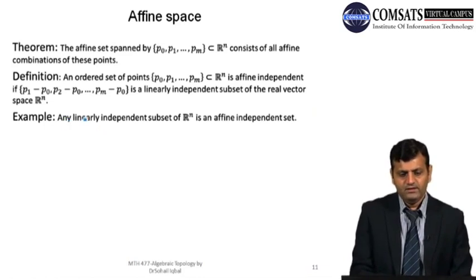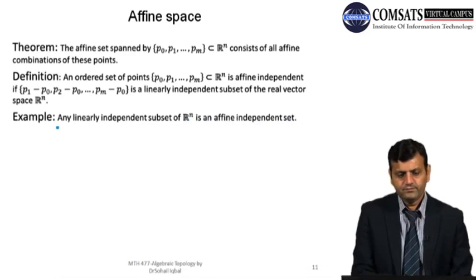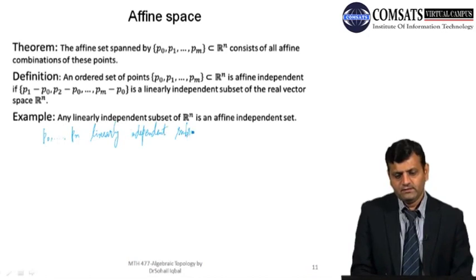Okay, so any linearly independent subset of Rn is an affine independent set. For example, if I have P naught up to Pm a linearly independent subset of, let's say, Rn, where of course m plus 1 is less than or equal to n.